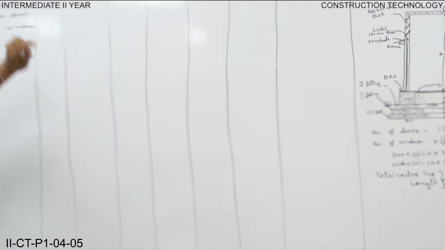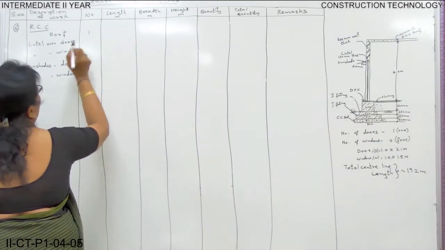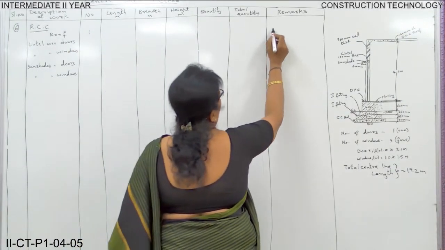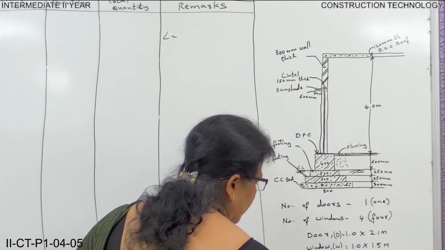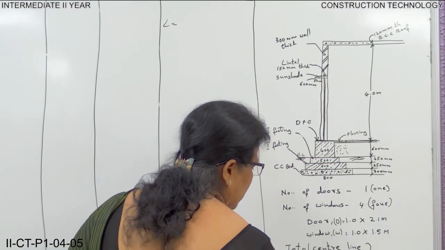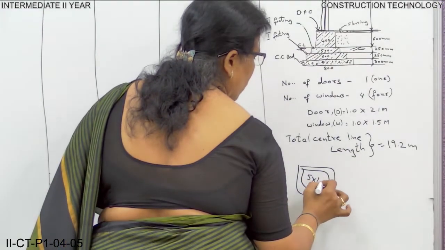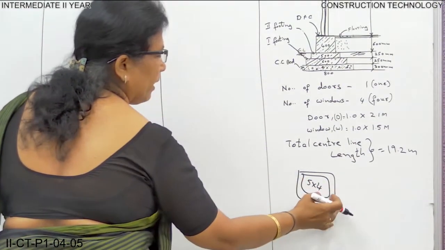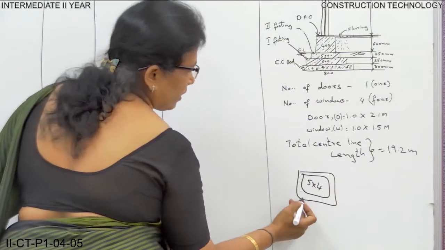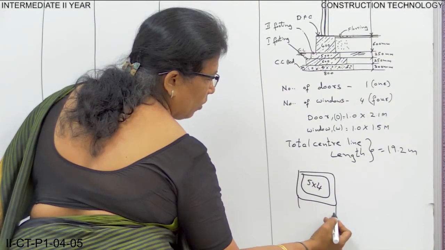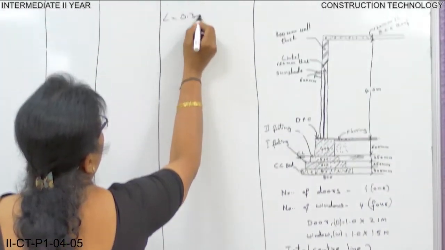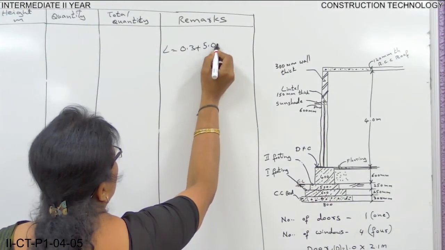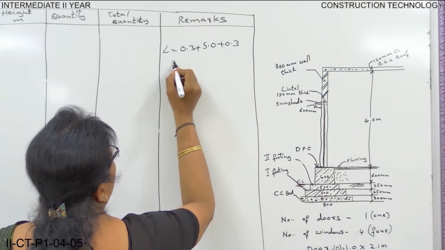Now RCC for roof. First, number 1. The length of the roof, L is equal to, you have the plan here, the room size is 5 by 4. The thickness here is 0.3 and the thickness here is 0.3. So here you have to take the whole length: 0.3 plus 5.0 plus 0.3.